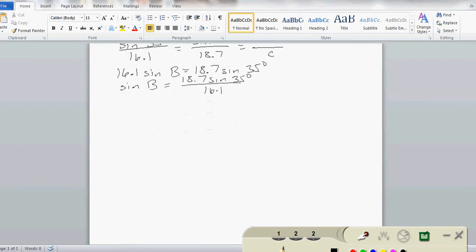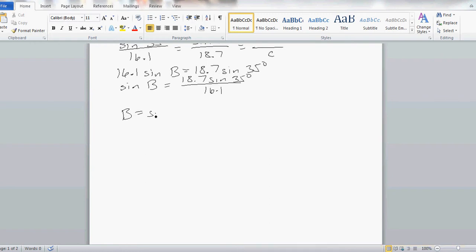And then take the arc sine of both sides. And we're going to round to the nearest degree because we're talking an angle here. And so it's just a matter of plugging this into the calculator, and we see that that equals 42 degrees when we appropriately round.